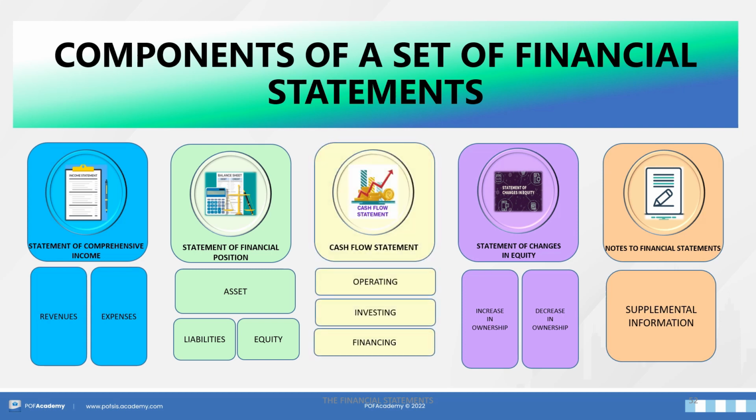We have cash flow statement which is the inflow and outflow of cash through its operating activities, investing activities, and financing activities. We have statement of changes in equity that shows an increase or decrease in ownership. And finally, we have notes to financial statements as supplemental information on the four said components of financial statements.